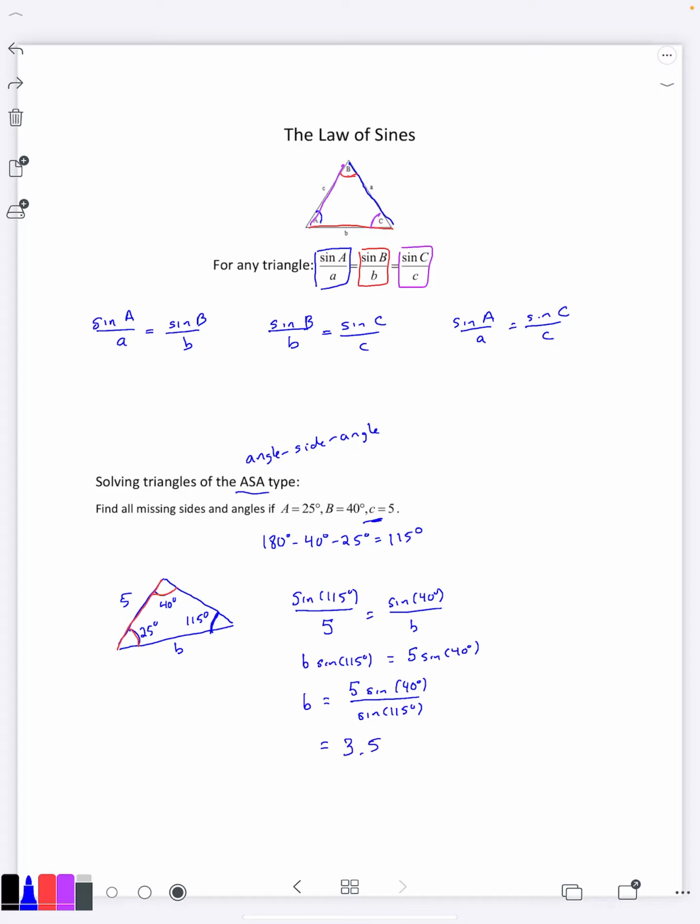Then if I want to find the other missing side, which is side A, I'll do sine of 115 over the side opposite 115 is sine of the angle 25 over the opposite side of the angle 25, which is A. I do the same kind of cross multiplying and dividing steps here.